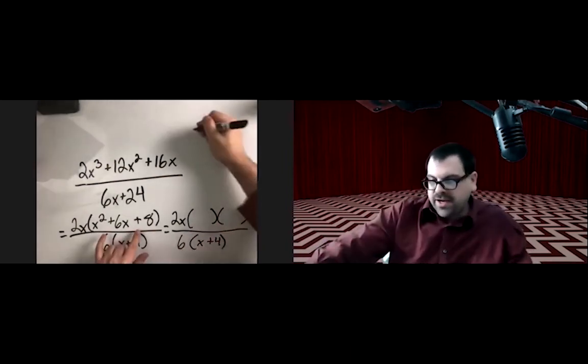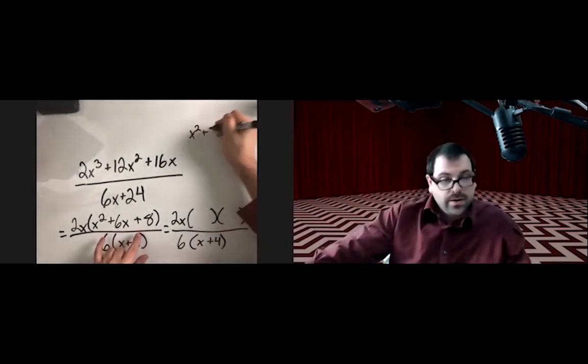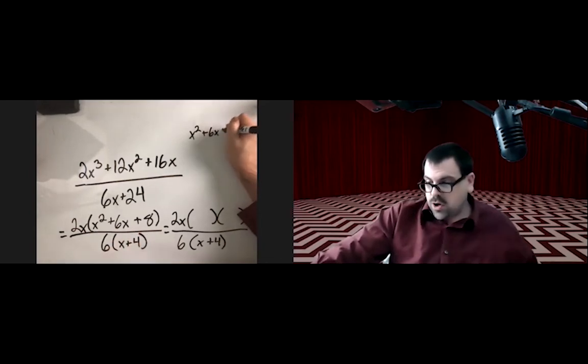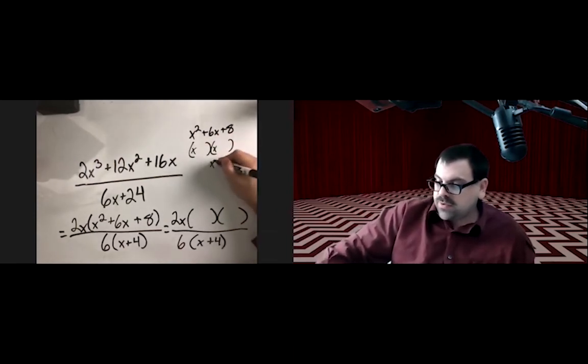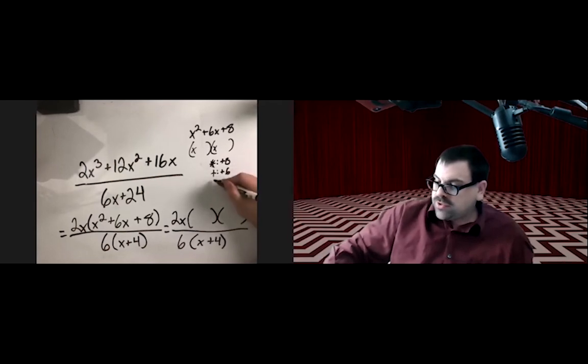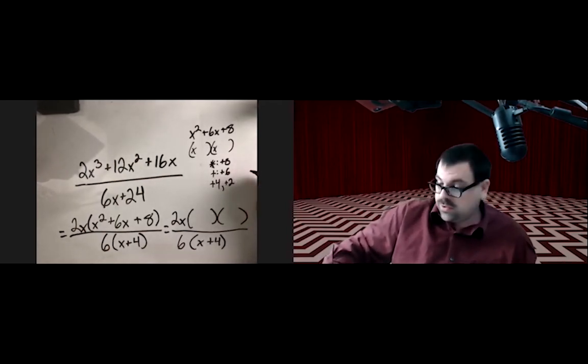So if we wanted to factor x squared plus 6x plus 8, x and x, we would need numbers that multiply to positive 8 and add to positive 6. Those numbers are positive 4 and positive 2.